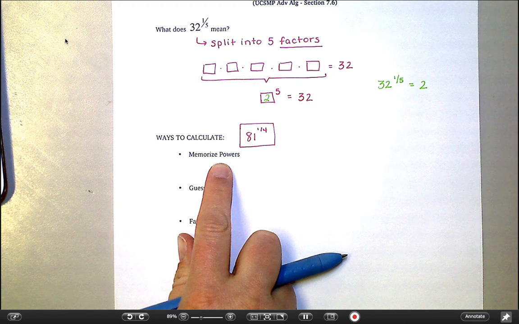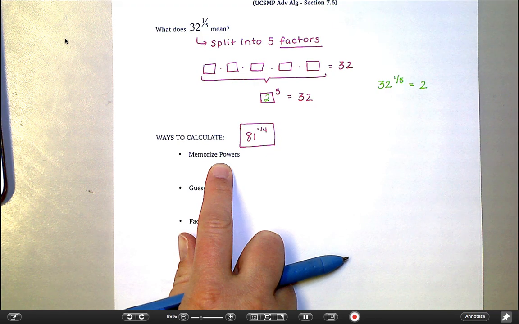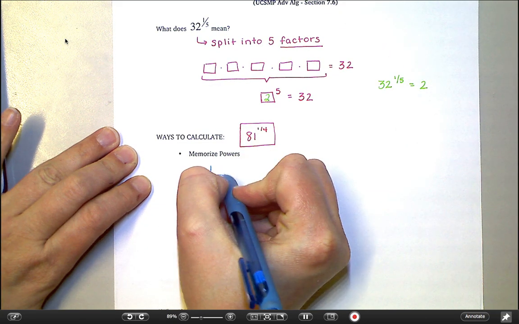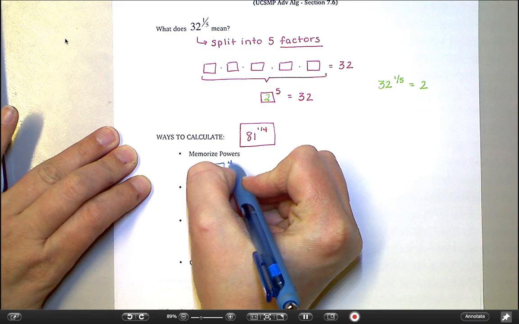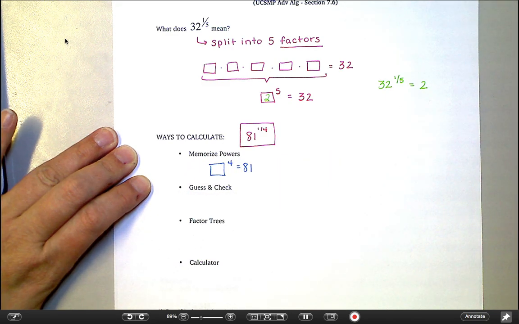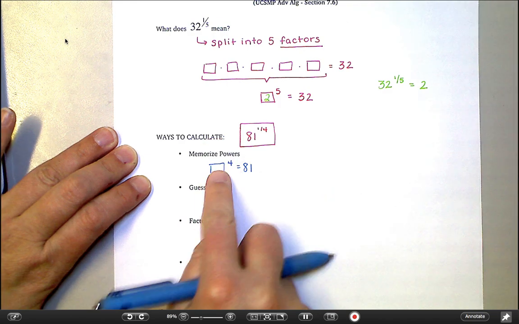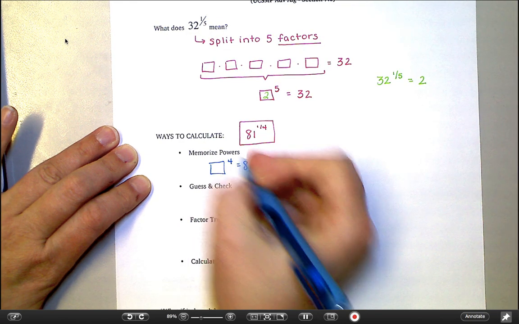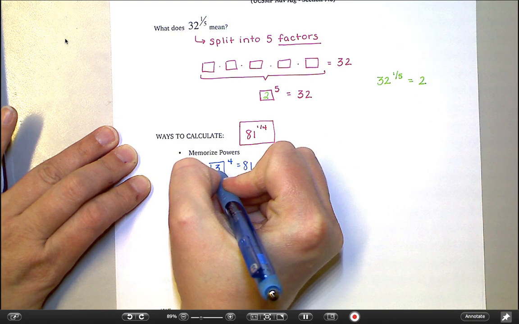I'm not going to give you a hard and fast rule that you have to memorize all of these exponents, but a lot of these are just going to come up over and over again, to where you've seen them enough to answer the question, what to the power of 4 equals 81? The correct answer here is 3. If you've seen 3 to the 4th power enough, I'm hoping you'll look at 81 to the 1/4 and just say, oh, that must equal 3.